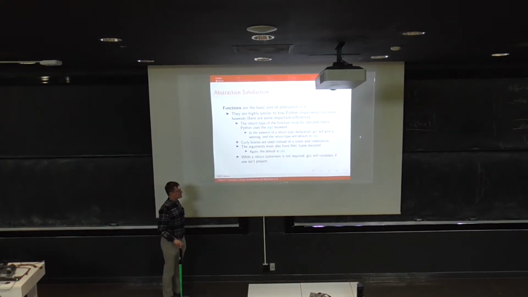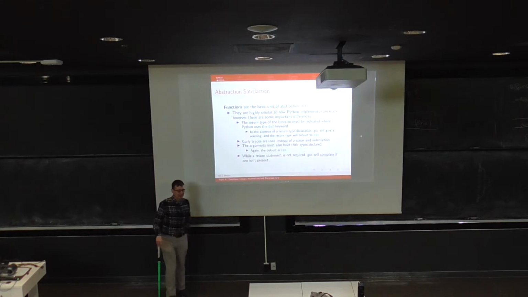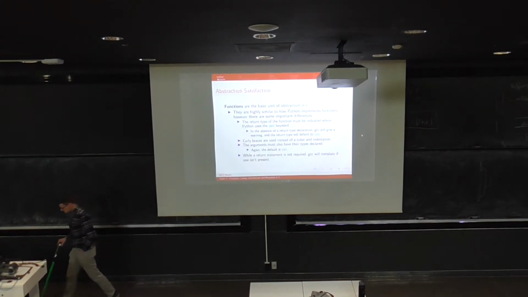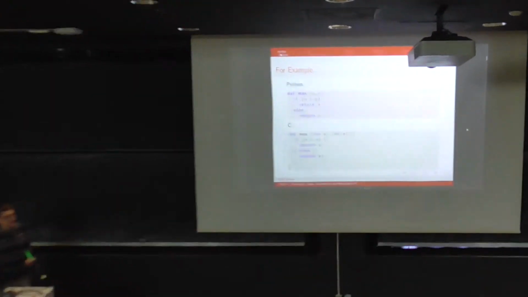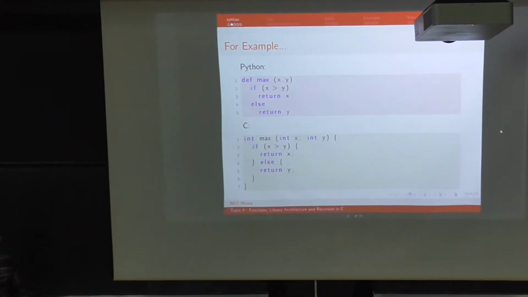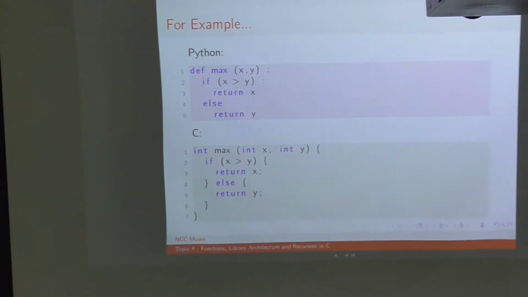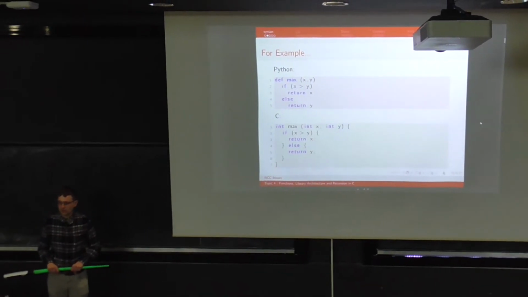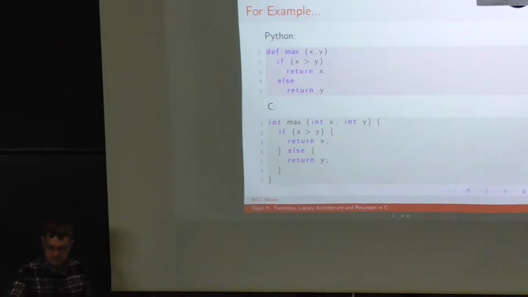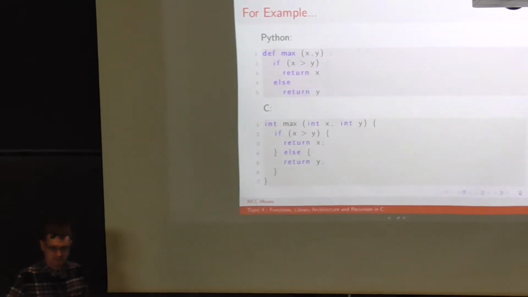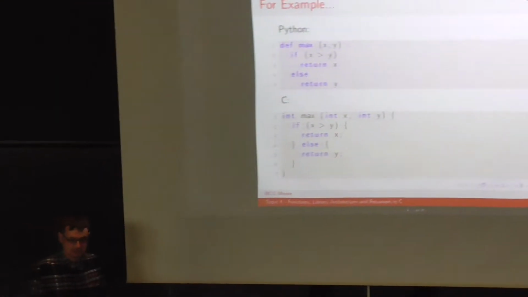While a return statement is not required, GCC will complain if one is not present. Unless it's a void function, I think. But anyway. If you don't want to return anything from a function, you have the option of declaring it void. And that means that you just use return with no expression instead of return with an expression.